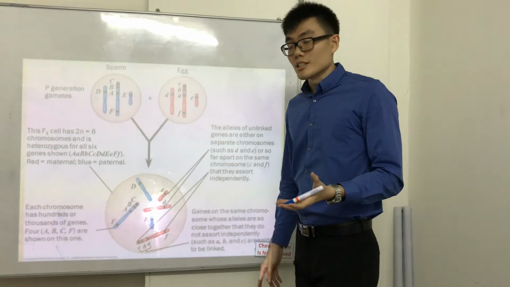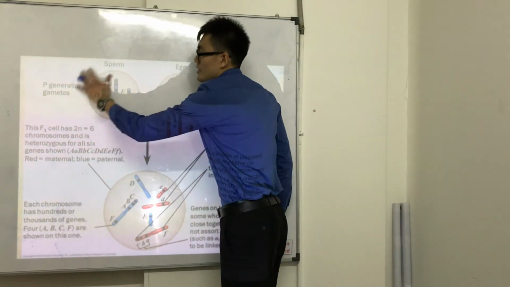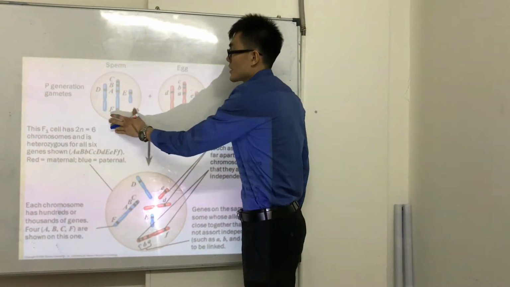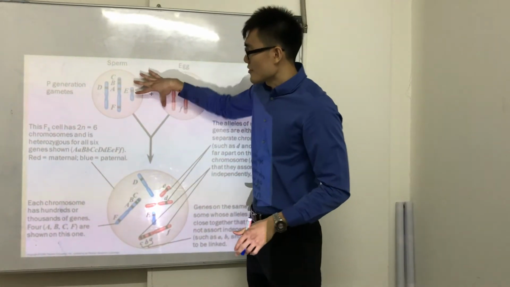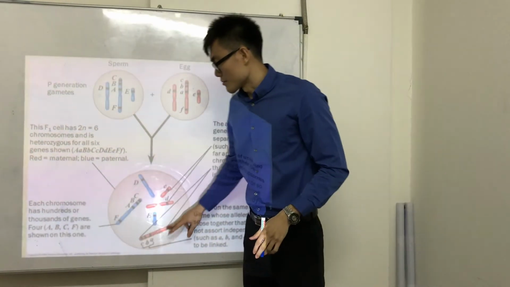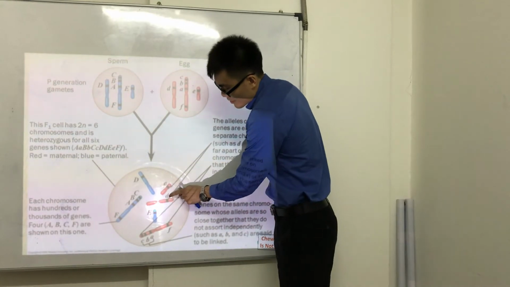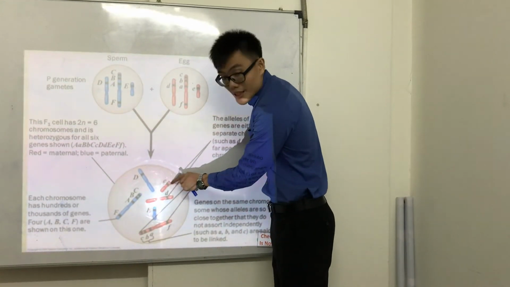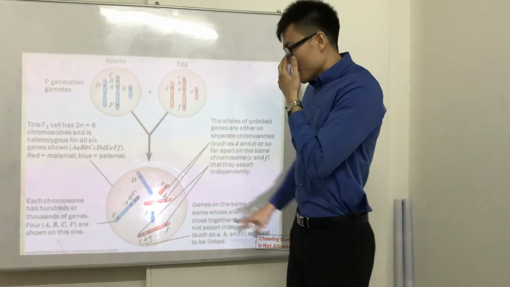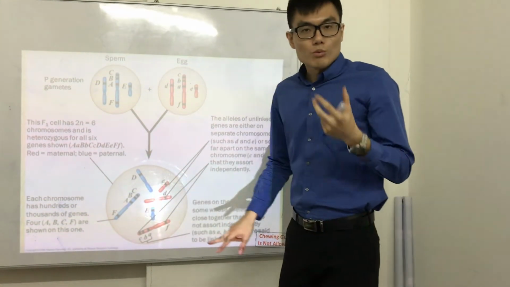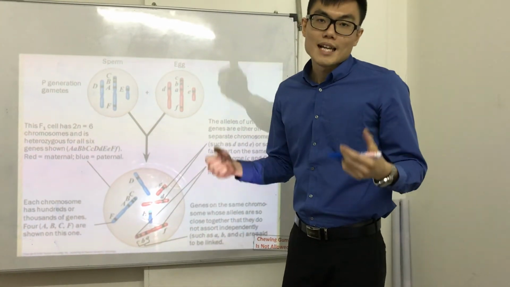So what are linked genes? Everyone knows that we inherit half of our chromosomes from our father and half from our mother. After fertilization, this is all the chromosomes that we have. Look at gene D and gene E. They occur on non-homologous chromosomes, so during anaphase 1, when they are being separated, they will be separated randomly.